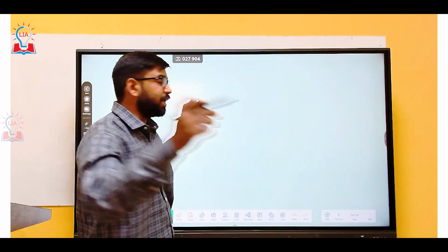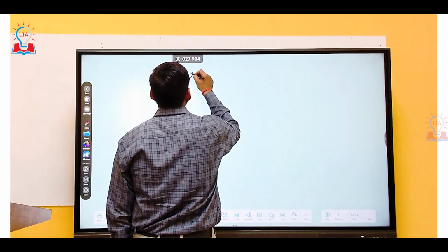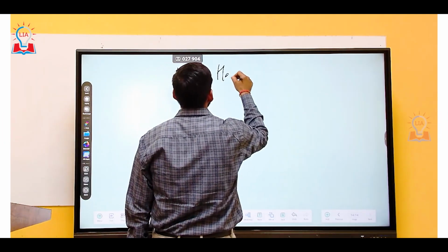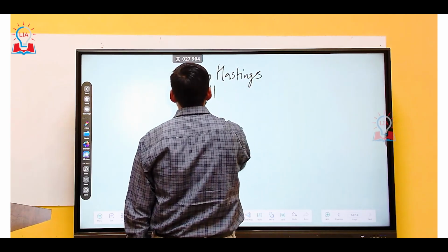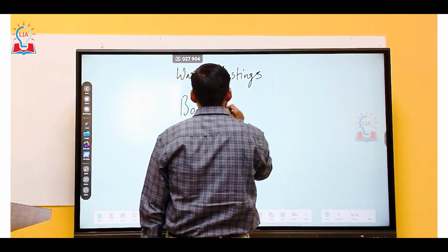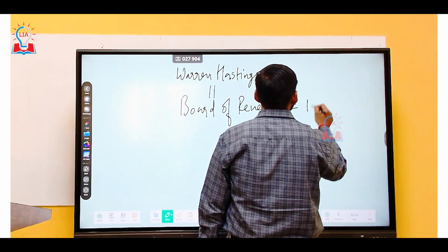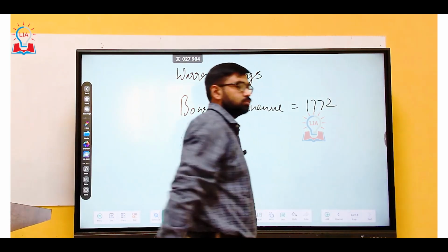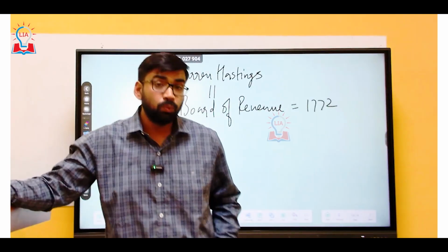The moment he came, Warren Hastings created the Board of Revenue in 1772.